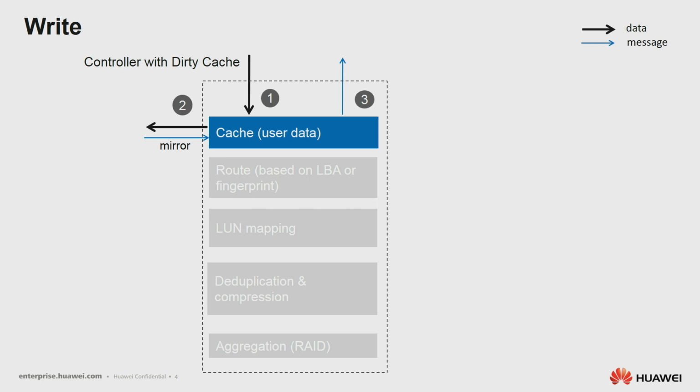Sorry, can you go back? So your engines are connected through PCIe. Yeah. So that's within each controller, or the actual engines? When you look at the particular enclosure, the two controllers are in one enclosure. Right.